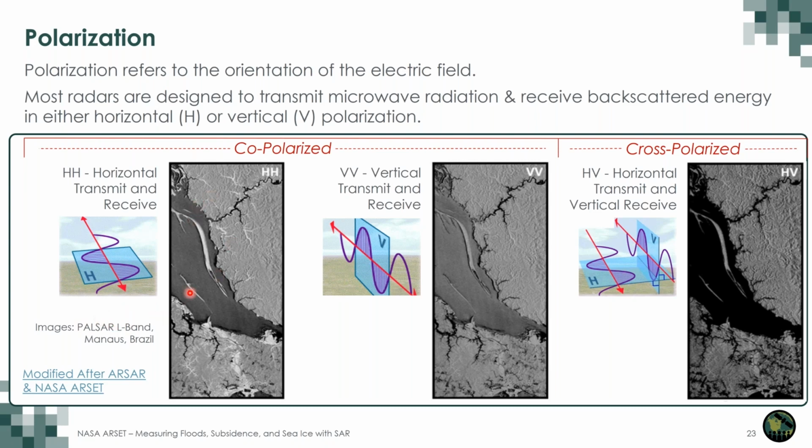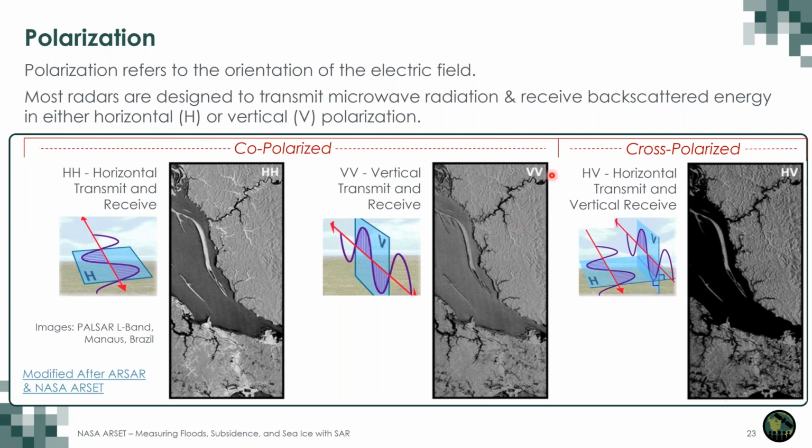The left shows you the signal in an HH polarization. The two H's here mean that we are transmitting a signal that is horizontally polarized, so where the oscillation happens in this horizontal plane, and we are receiving signals that were scattered back from the ground. We are receiving those signals also in that same polarization. So it's horizontal transmit and horizontal receive. These are those two H's.